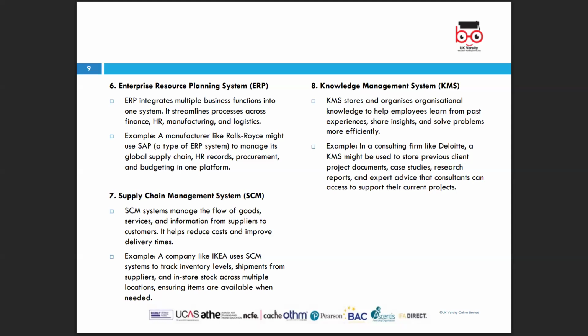When it comes to supply chain management systems, a company like Tesco might use this system to track inventory levels, shipments from suppliers, and in-store stock across multiple locations, ensuring items are available when needed. Knowledge management systems.